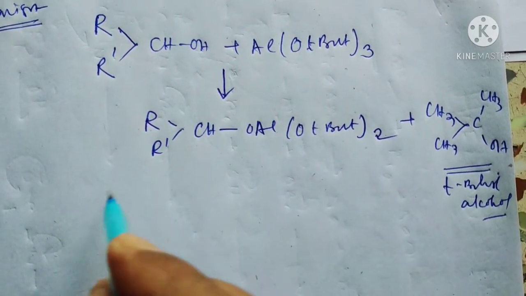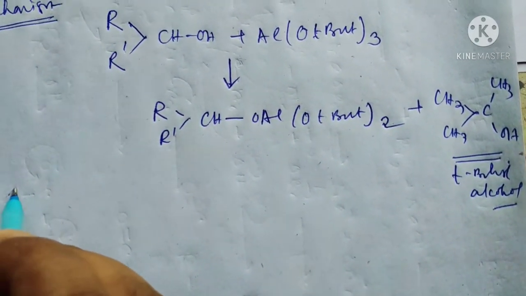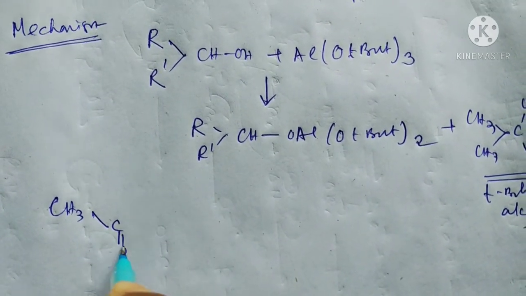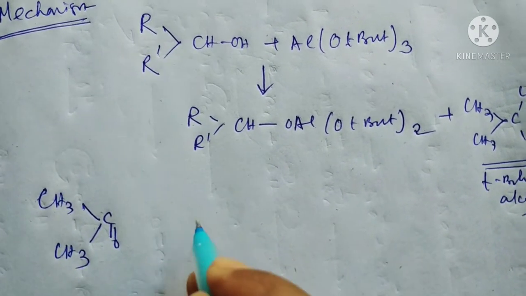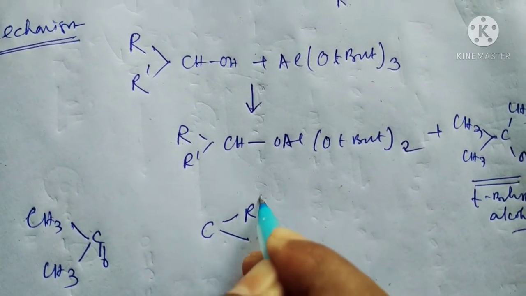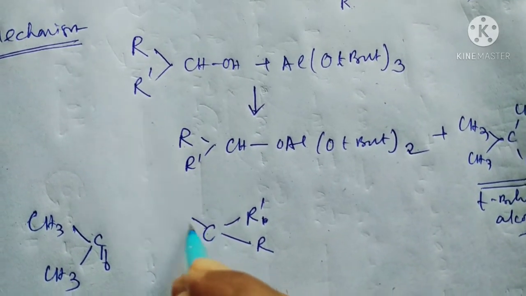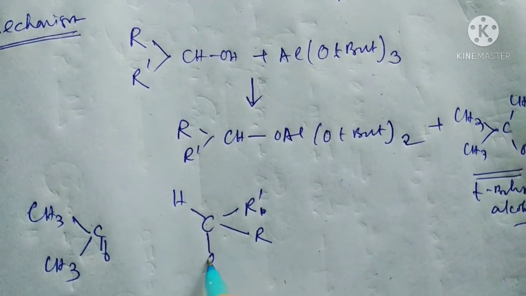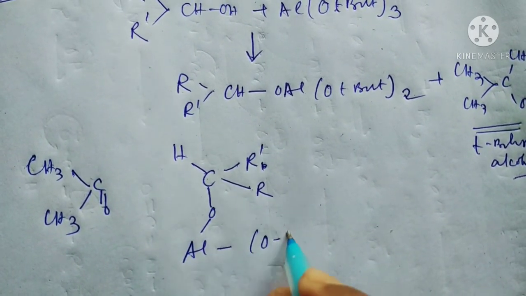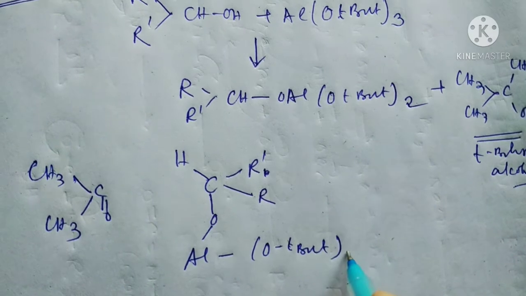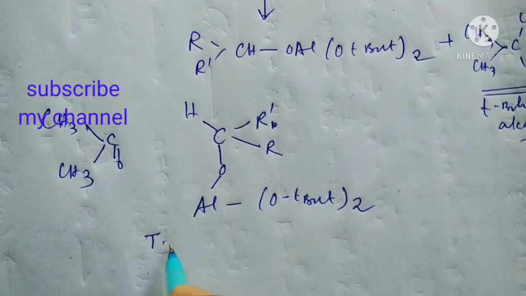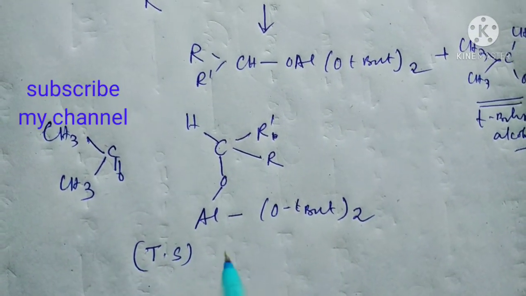See, this is our acetone, and here is our aluminum tertiary butoxide complex. This forms a transition state, the TS, transition state.